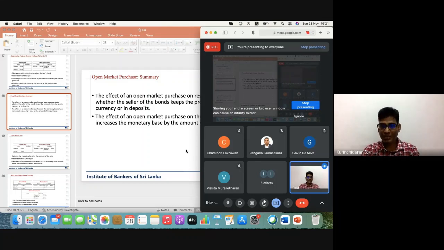Because if the price goes up and down, the consumer or producer or investor, nobody can make a rational decision. So price is very important. So central bank, to maintain price stability, will try to use several tools.